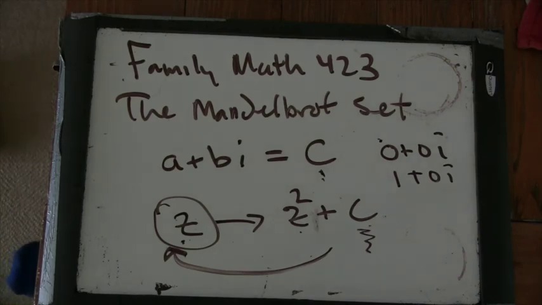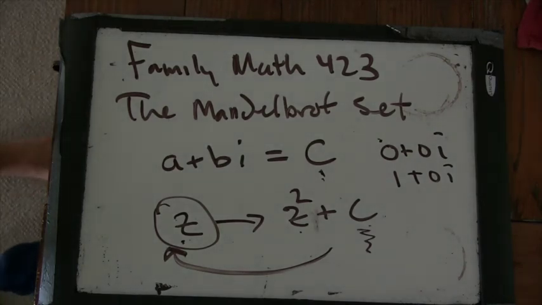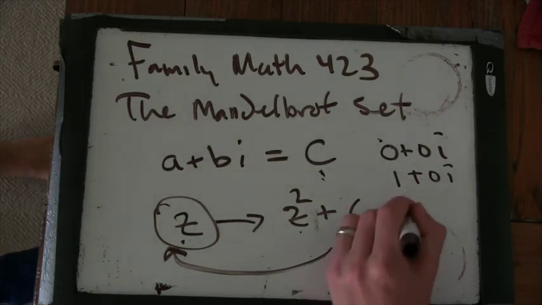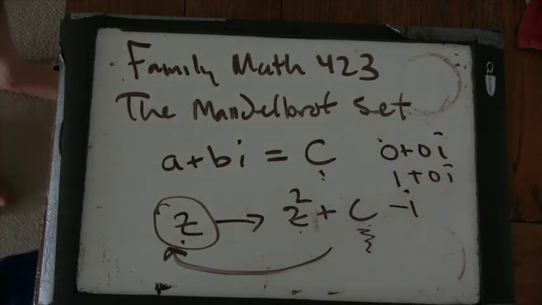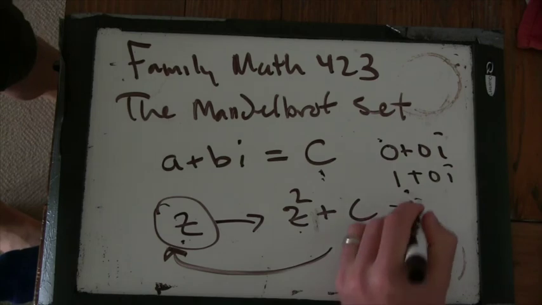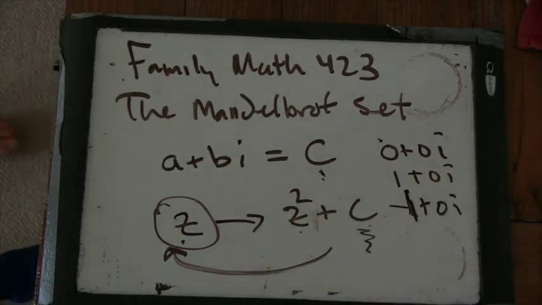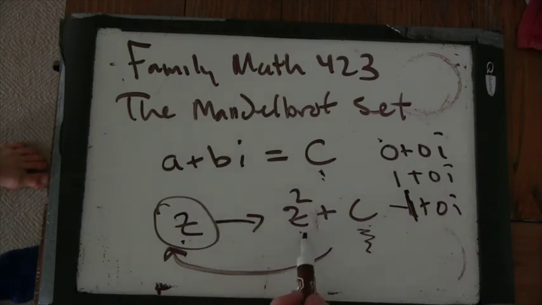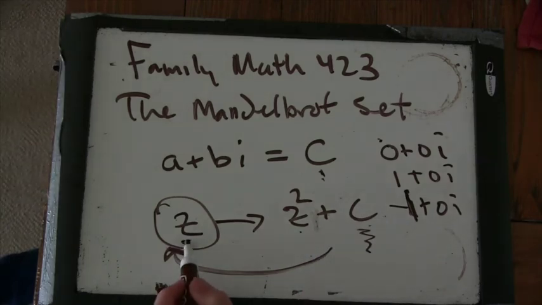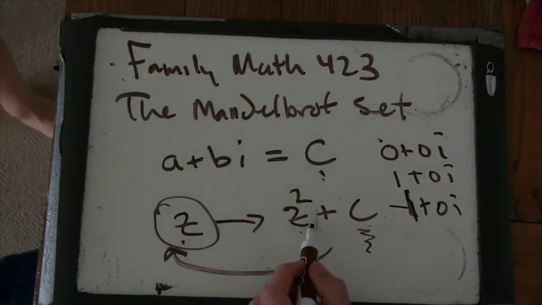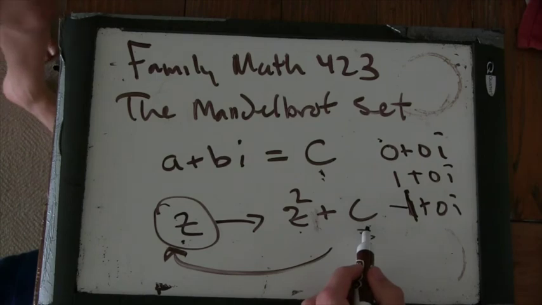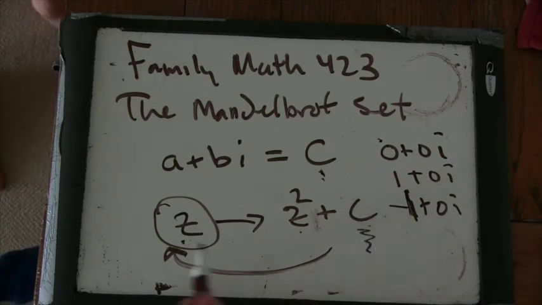All right, so why don't you pick one more number and we'll try. How about -1? That's a great one to try. So -1 plus no i's. Okay, -1 squared is 1. 1 plus -1 is 0. So I start at -1 and go to 0. 0 squared is 0. 0 plus -1 gets me back to -1.